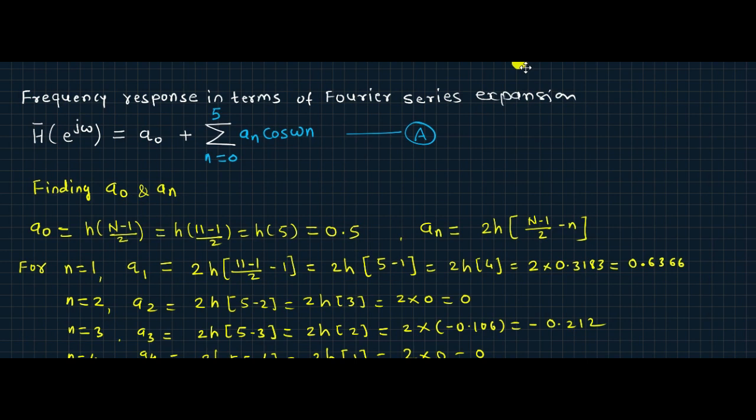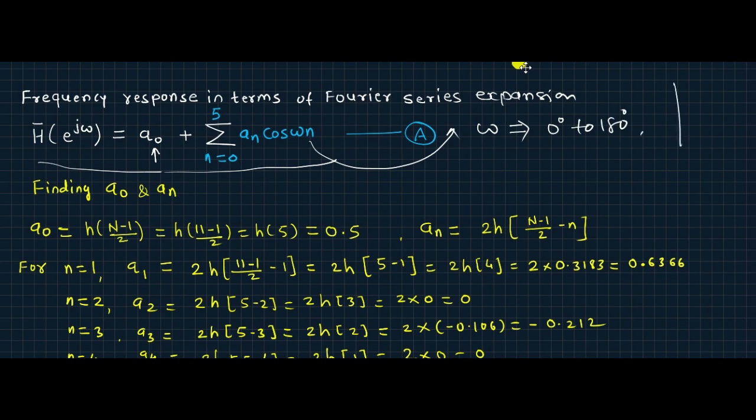This equation represents the Fourier series, which includes only the cosine part. It is A0, the DC value, and this is associated with frequencies. So in this equation, we have different frequencies. The range of omega is 0 degree to 180 degree.